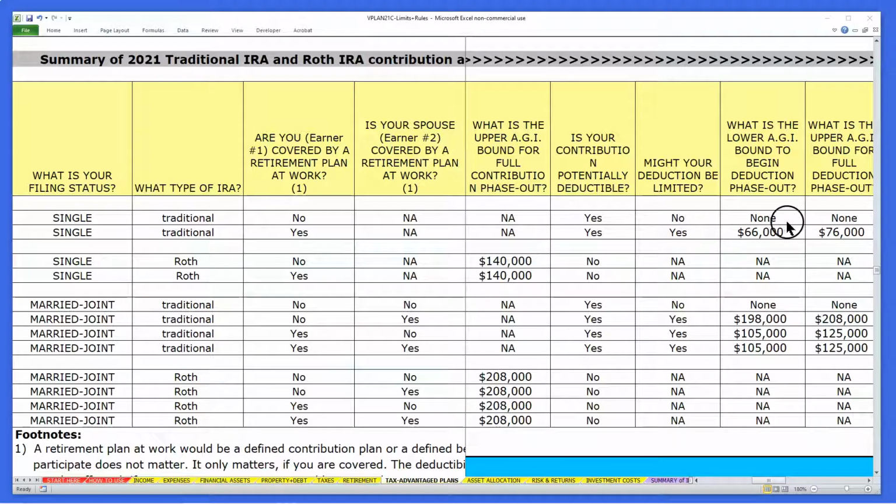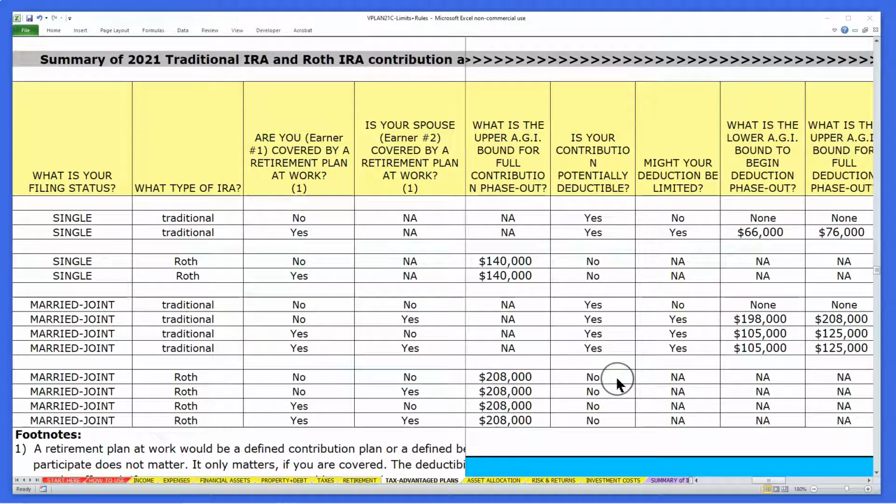You can use what I just said related to single people and understand picking the correct line and things like that. But what you should note is that even though people are married and the adjusted gross income above $208,000 means that neither person, whether or not they're covered by a plan at work, could make a Roth contribution.